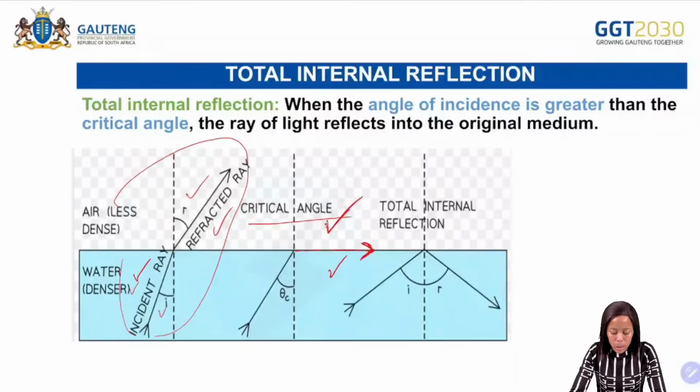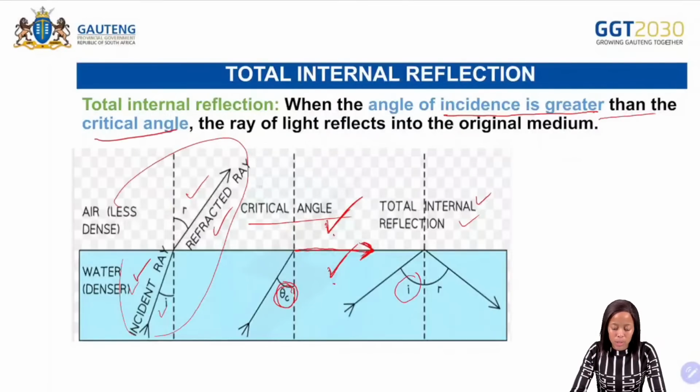Remember, this one is air, which is less dense, and this one is water, which is more dense. And then we also have the total internal reflection. With the total internal reflection, it says when the angle of incidence is greater than the critical angle. Remember, this one was the critical angle when the refracted ray was in between the two mediums.